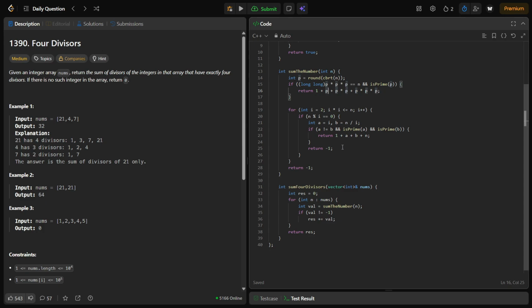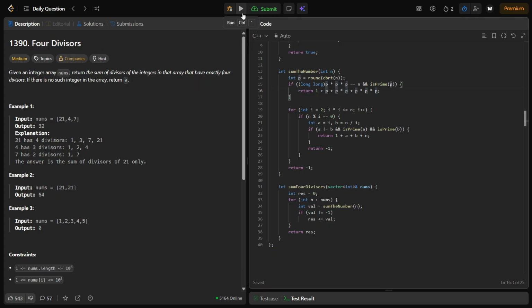If not, I will check the number's divisors. If the divisors are prime, then I will return the answer. Otherwise, I will return -1 in both scenarios. I will check every number and return the result. I hope the code is very simple.